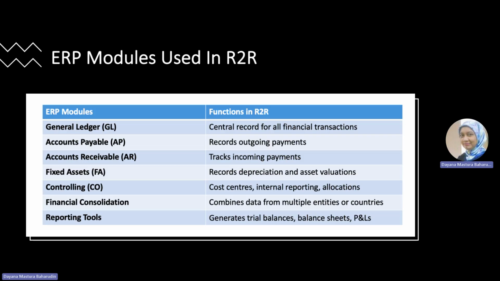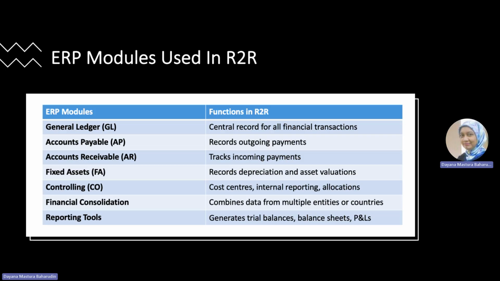Okay, so as you can see here, general ledger, GL, is the central record for all financial transactions. Accounts payable, P2P department, records outgoing payments. Account receivable, O2C, tracks incoming payments.